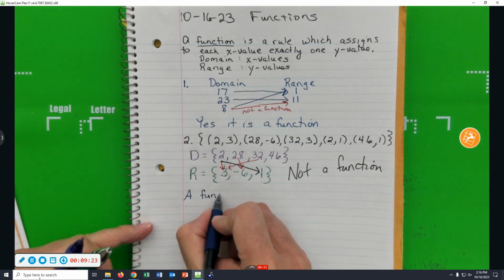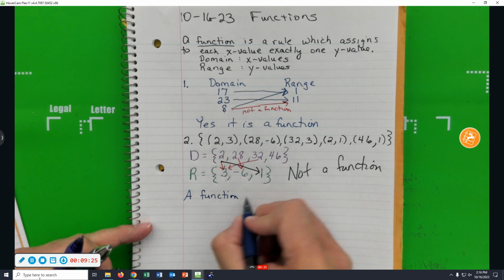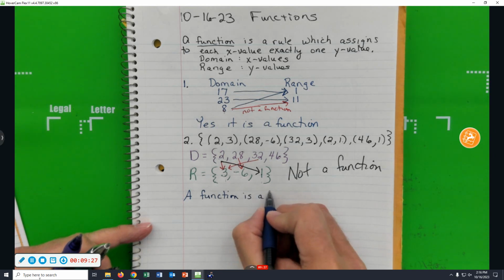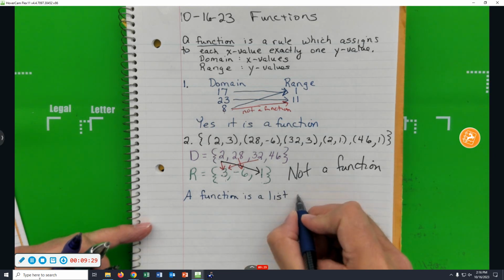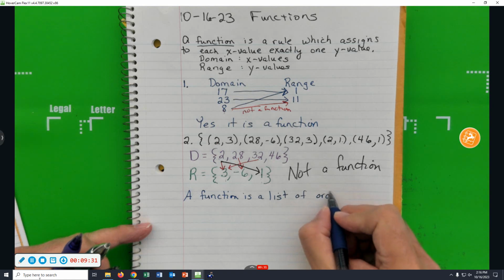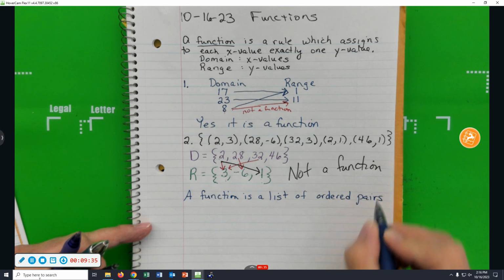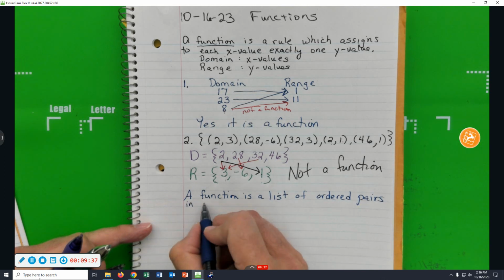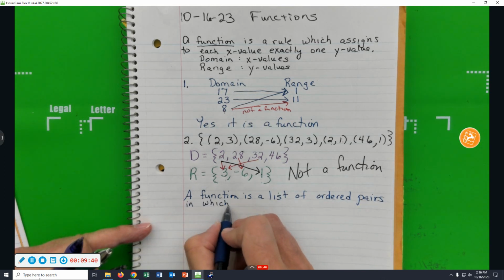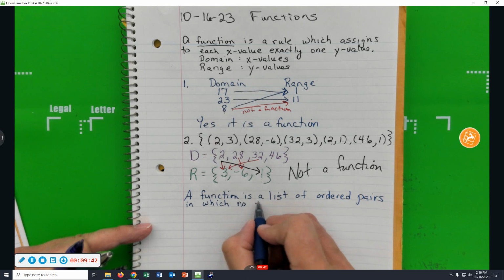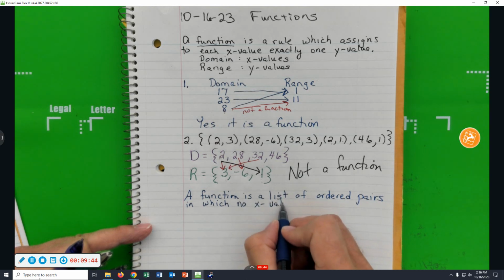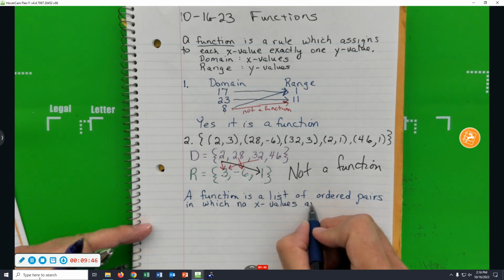Here's another way you might see function defined. A function is a list of ordered pairs in which no x values are repeated. If you have 2 of the same x values, it's not a function.